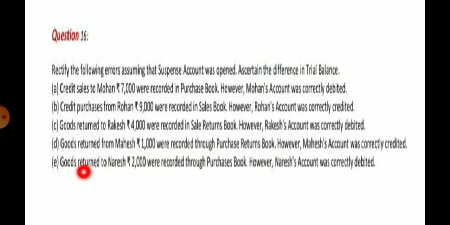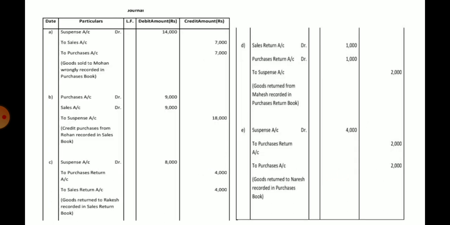And the last is goods returned to Naresh, 2,000 were recorded in the purchase book. However, Naresh's account was correctly debited. So it will be suspense account debit, to purchase return, to purchase account. Now you will understand how to make the entry of one-sided errors and how to open the suspense account.